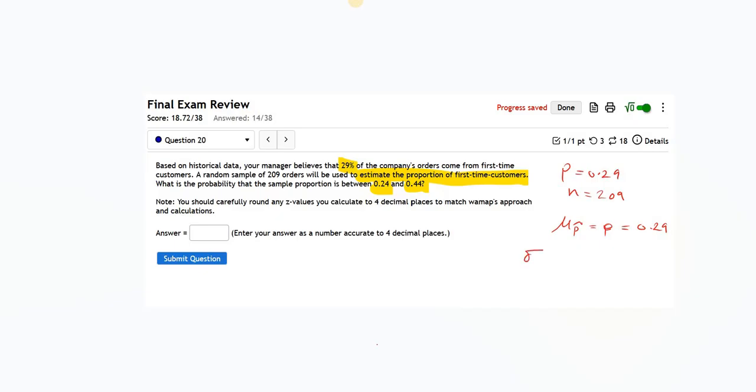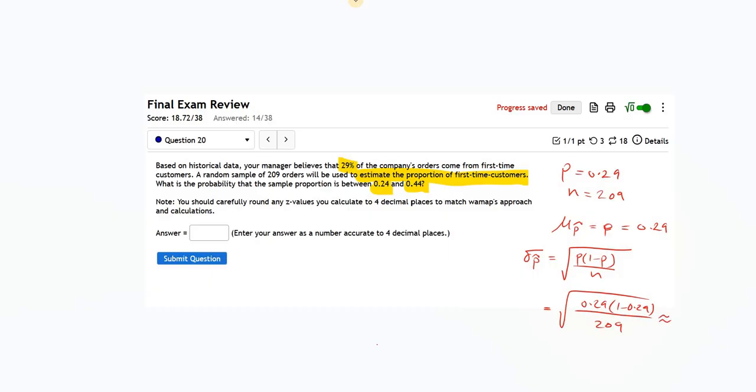And then we need to find the standard error, or the standard deviation, of the sampling distribution of sample proportion, which is the square root of p times 1 minus p divided by n. That will be equal to the square root of 0.29 times 1 minus 0.29 divided by 209.